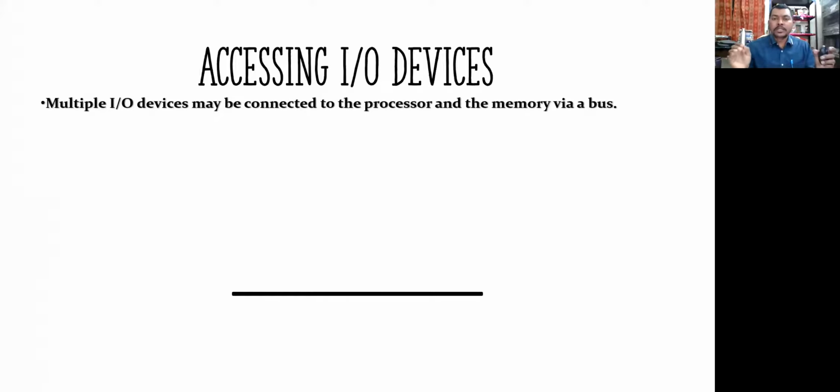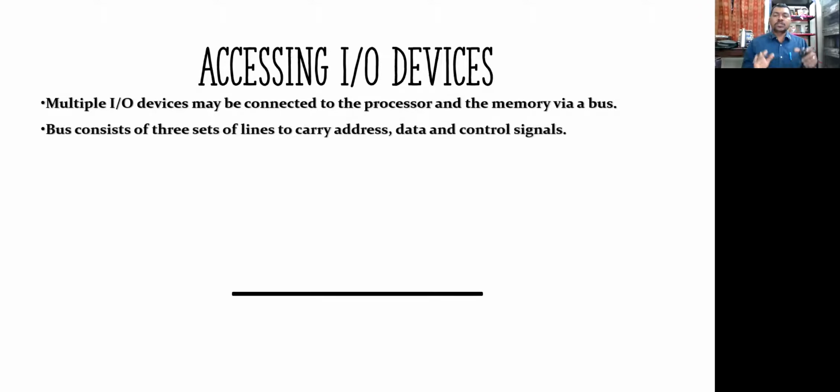A bus means a bunch of wires through which we give data to the input output devices or the memory, and vice versa, from the input output devices or memory to the microprocessor for processing. Devices we expect to connect with the processor should be connected only through the bus, the bunch of wires through which data is transferred.